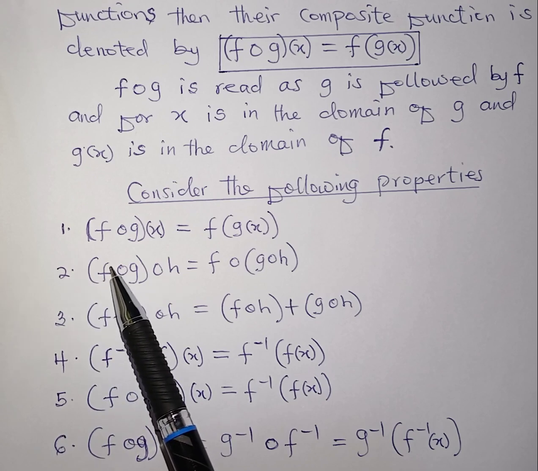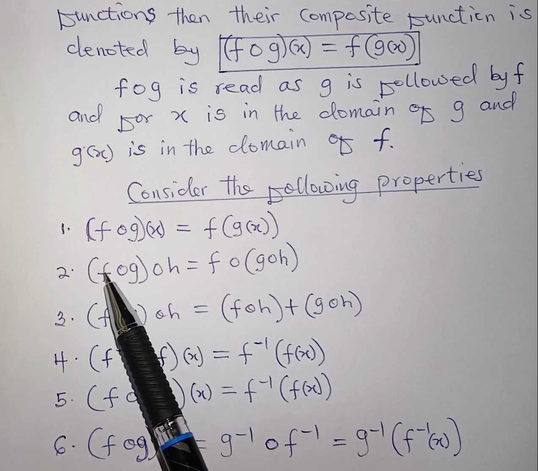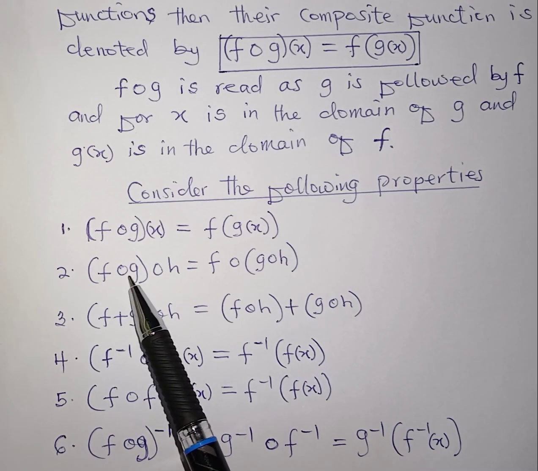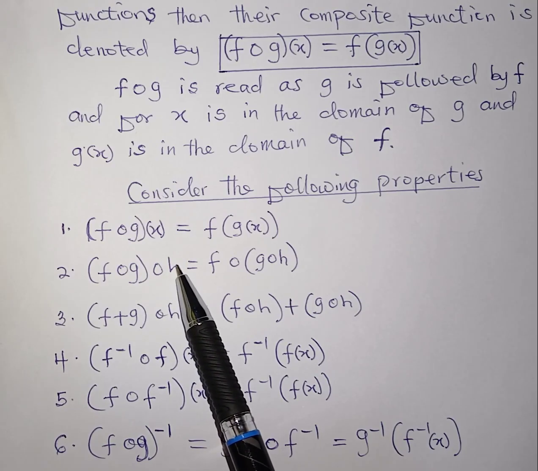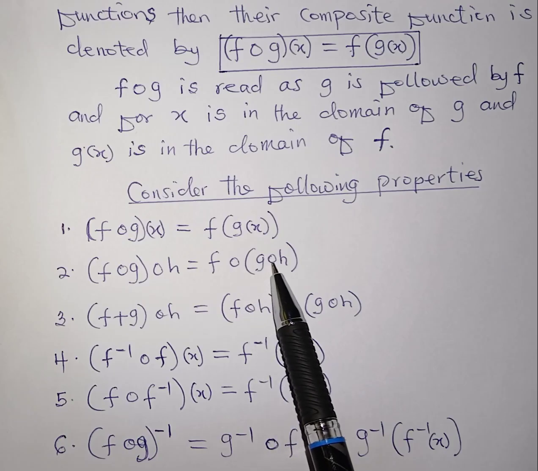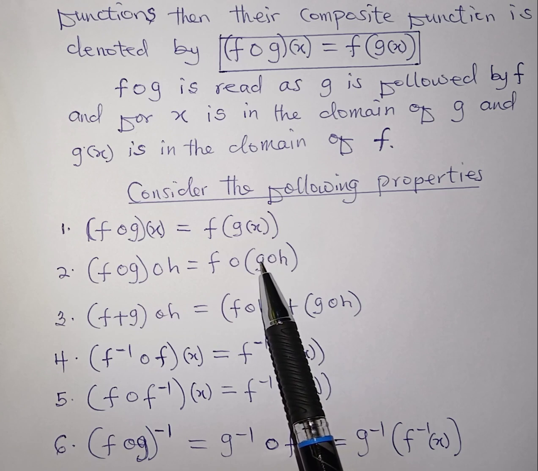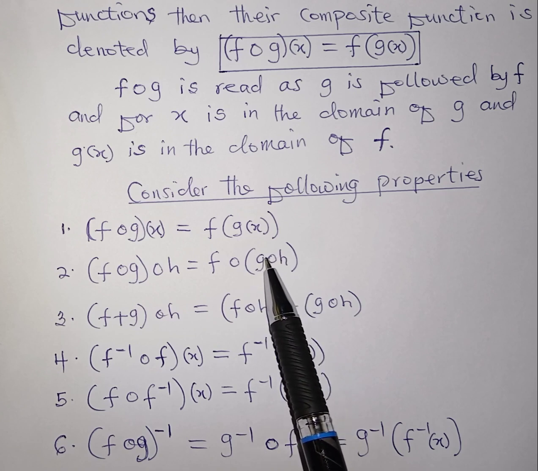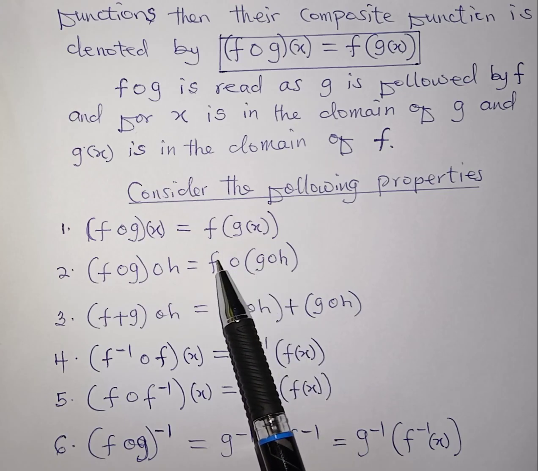Let's move on to property 2. We have f∘(g∘h), so here you have one function f, another function g, and another function h. For you to find this, the property states that we must first find the domain of h in g, then the entire domain of g following h should be in the function f.